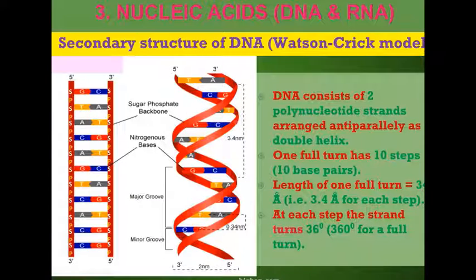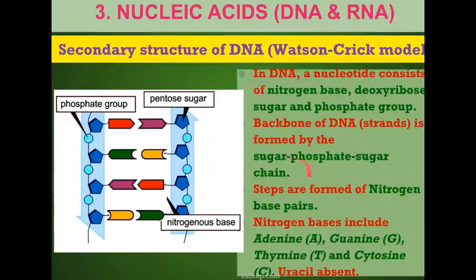The length of one full turn is 34 angstroms. So there are 3.4 angstroms for each step, right? At each step, the strand turns 36 degrees. So there are 360 degrees for a full turn. As we saw earlier, the nitrogen bases, deoxyribose sugar and the phosphate group form the nucleotide, right? The backbone of the DNA strand is formed by the sugar and phosphate.